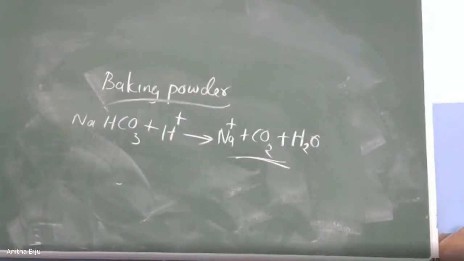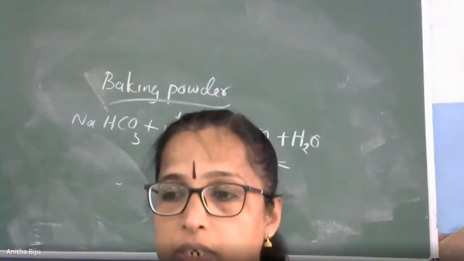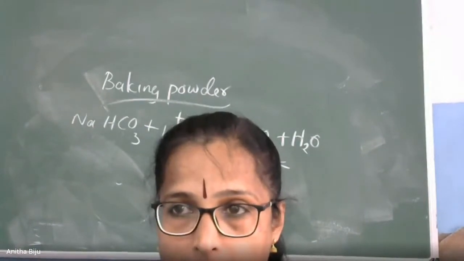So if baking powder is added to the dough, it makes a very spongy and very delicious cake because of the presence of edible acids like citric acid and tartaric acid. Suppose we forgot to add baking soda, then the cake becomes very hard in nature. So this is all about baking powder. Okay, so this is all about today's class. We'll continue in the next class.